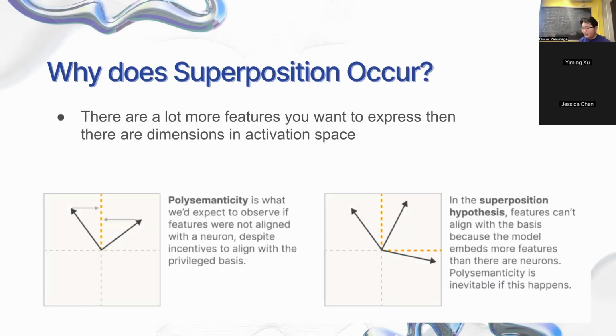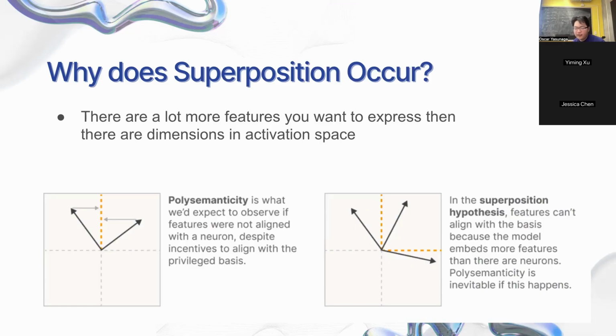In terms of polysemanticity, with regard to this privileged basis, polysemanticity is when the dot product of your feature vectors with these special basis vectors is non-zero.